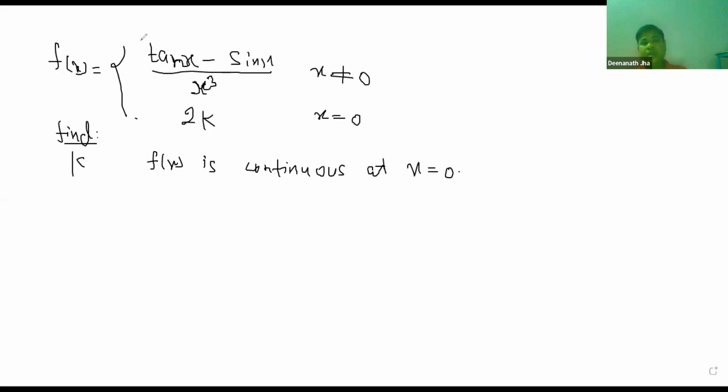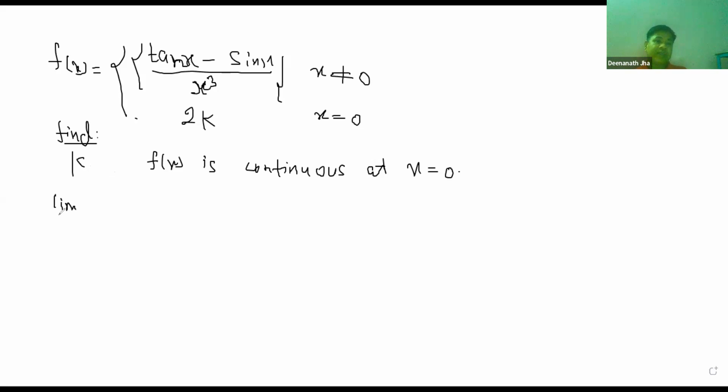Can you solve this? Limit x tends to 0, 10x minus sin x by x cube. Any idea? Okay, I am solving this.